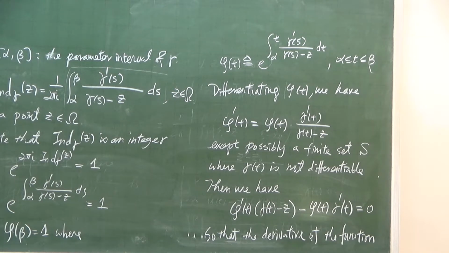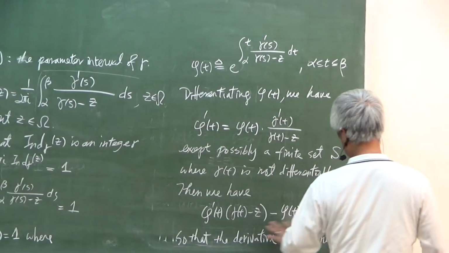So we know this exists, and we know this derivative is equal to the numerator over gamma t minus z squared, which is equal to 0, because from here the numerator is 0.